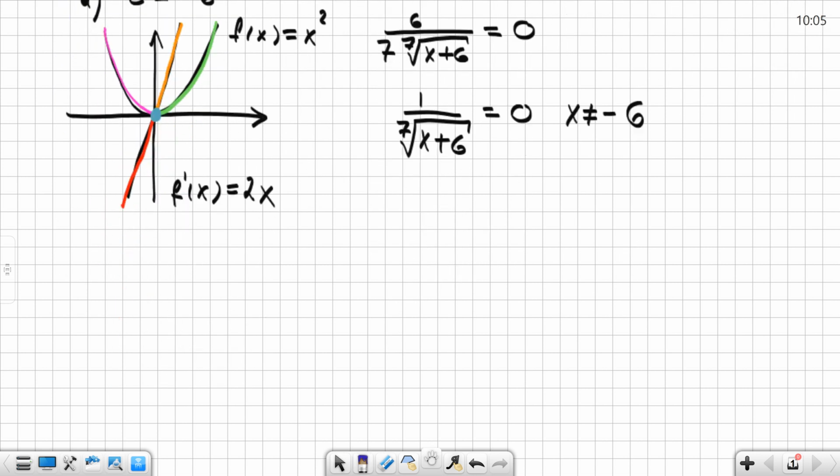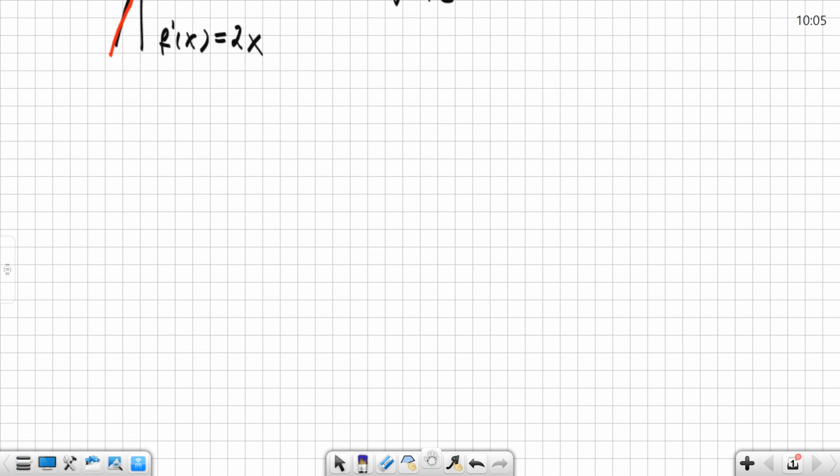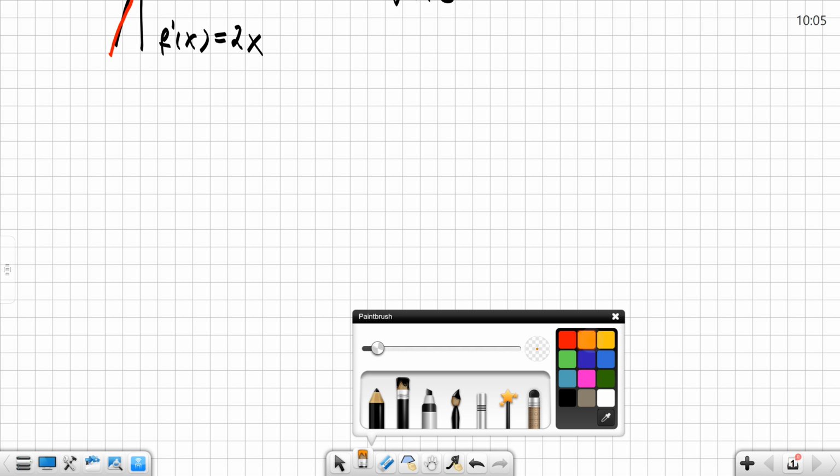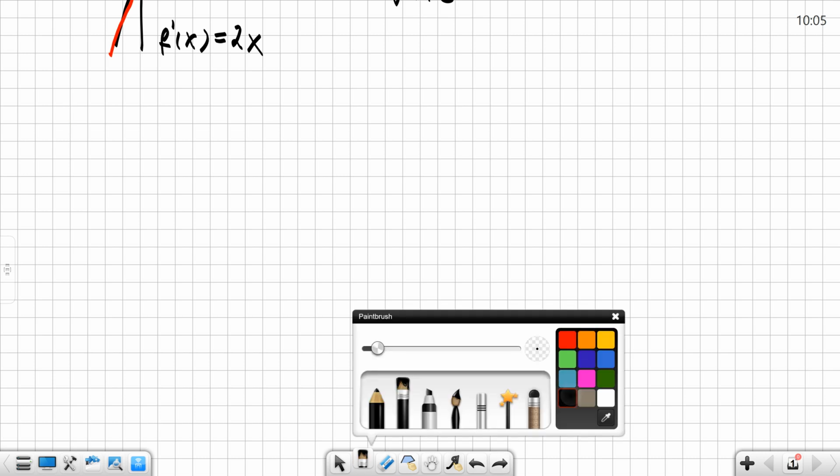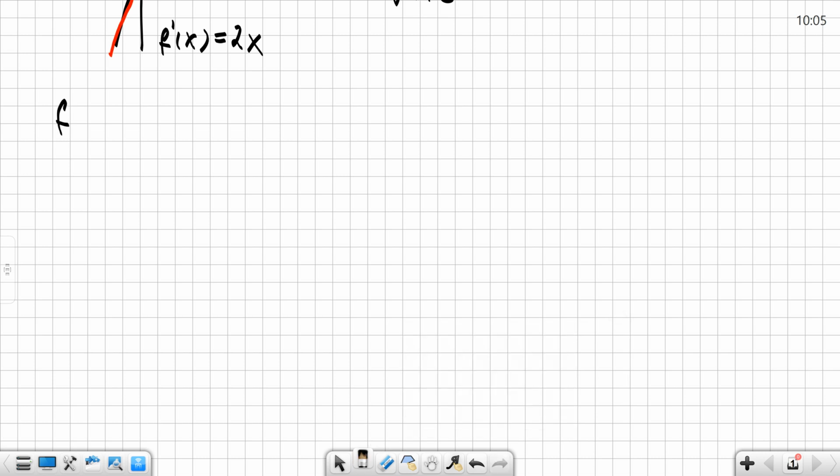The easiest number to use to the left of -6 would be -7. For B and C, use test values.